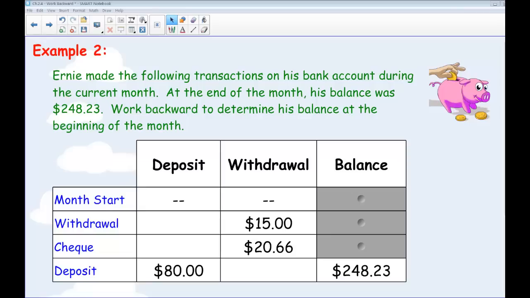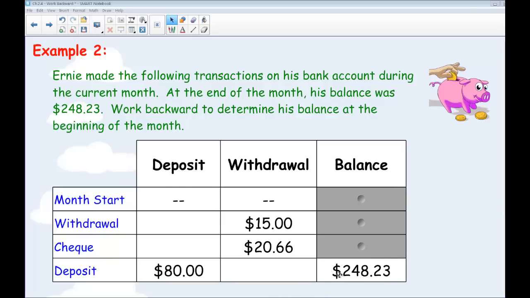Now, I'm sure you all have bank accounts, so in the second question, what I have here is an example of a bank statement. In the question it says that Ernie made the following transactions on his bank account during the current month. At the end of the month, his balance was $248.23. So it wants you to work backward to determine his balance at the beginning of the month.